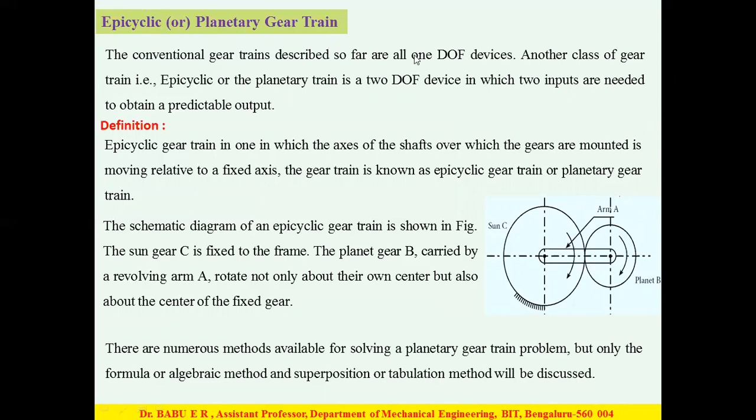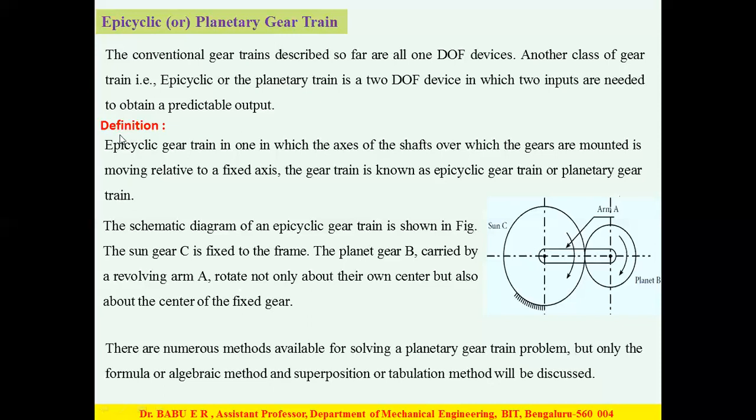Another class of gear train, the epicyclic or planetary gear train, is a 2 degree of freedom device. Here 2 inputs are needed to obtain a predictable output. So the epicyclic gear train is a 2 degree of freedom device, which generally needs 2 inputs in order to obtain a predictable output.